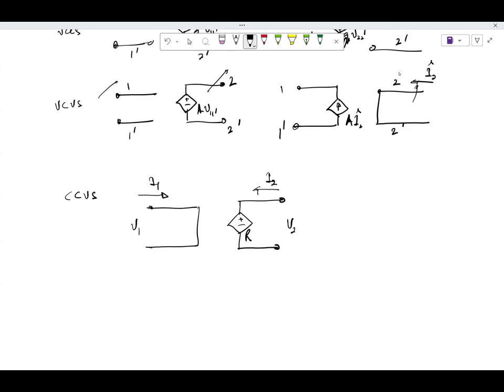So this is R times I1. R is basically not a resistance, but some variable whose coefficient has the unit of a resistance, because I'm converting from I to V, right? So I need to form a reciprocal network or inter-reciprocal network, which will give me the same transfer function, right? So that's the whole idea.